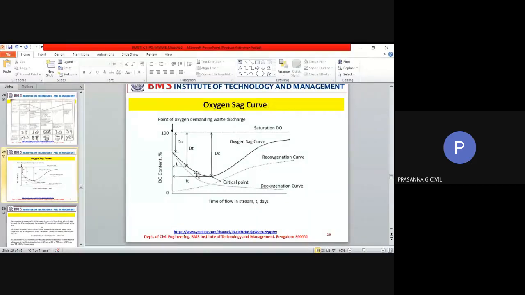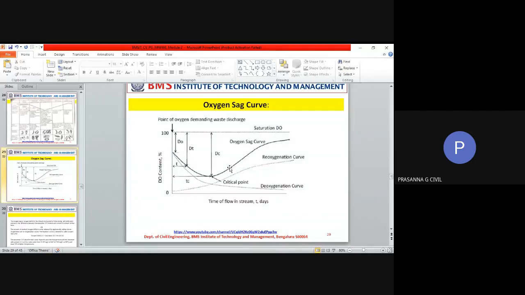So the major point of interest in your oxygen sag curve is the point where there is minimum DO or maximum deficit. Minimum DO will give maximum deficit, because deficit is the difference between these.